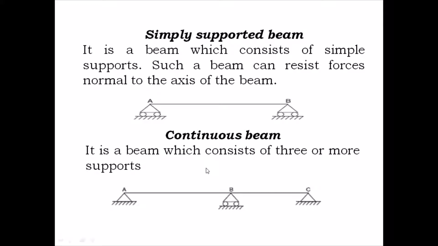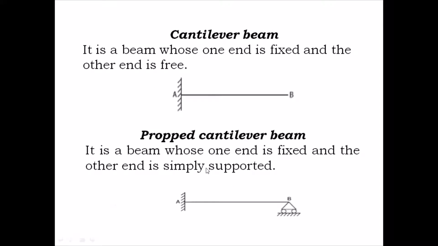The next is a cantilever beam, a very interesting type of beam. A cantilever beam is a beam which is fixed at one end and free at the other end. As you can see, it is fixed at one end and at the other end it is free. The best example I can give you for this cantilever beam is the sunshade for a window.